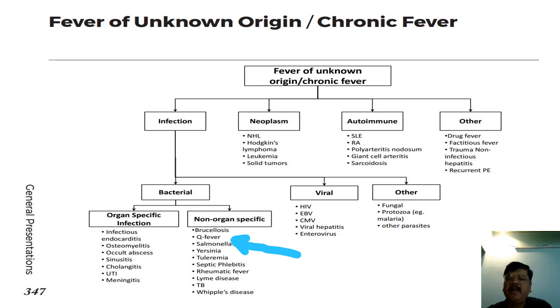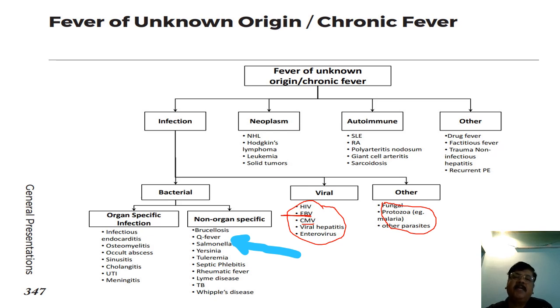Now if you come to the viral infections: HIV, Epstein-Barr virus, cytomegalovirus, viral hepatitis, and enteroviruses. So these are the viral causes of pyrexia of unknown origin. Now come to the fungal causes. Fungal infections, protozoal infections, malaria, filariasis, and other parasites can cause pyrexia of unknown origin.